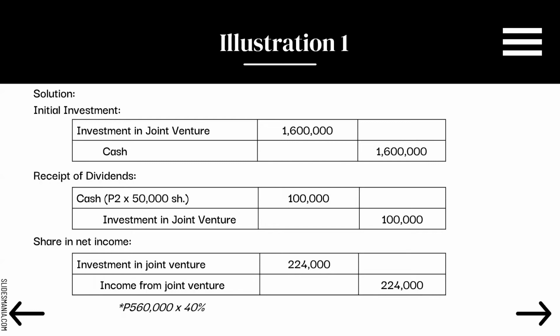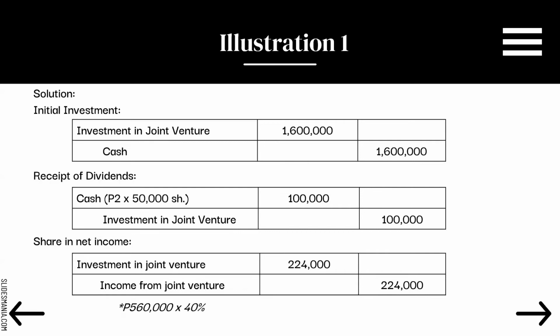Then the receipt of dividends will be a reduction ng investment kasi di ba kapag naka-receive ka ng dividend, parang return of investment mo yon under the equity method. So meron siyang 50,000 shares times 2 pesos per share. Meron siyang 100,000 na na-receive. So ang entry dyan is debit to cash and credit to investment in joint venture, the 100,000.